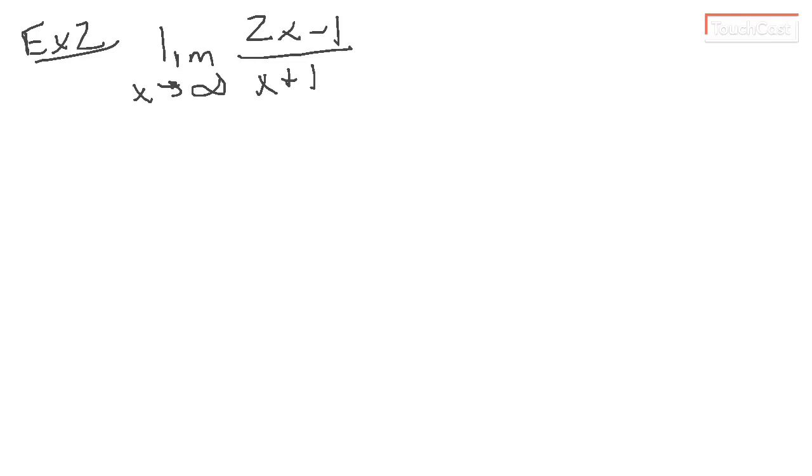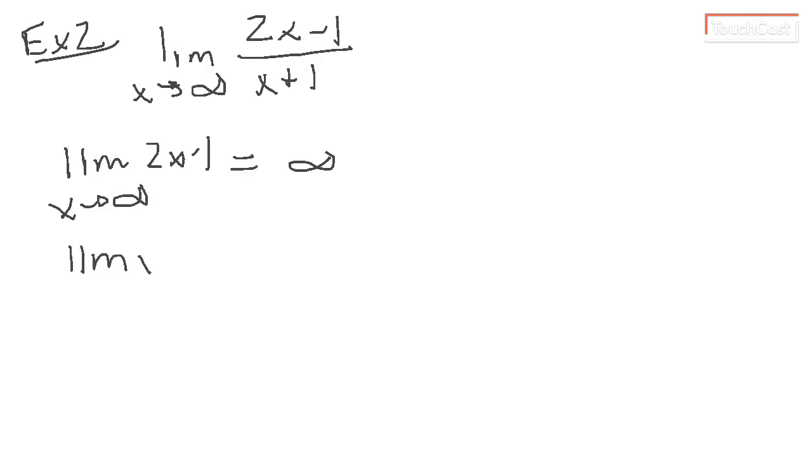If we were to take the limit of the numerator and the denominator separately, so if we take the limit of 2x minus 1 as x goes to infinity, that's going to give us infinity minus 1, which is just infinity. And if we did the limit of x plus 1 as x goes to infinity, that's infinity plus 1, which is still infinity. So we'd have infinity over infinity. That's an indeterminate form. We can't do that.